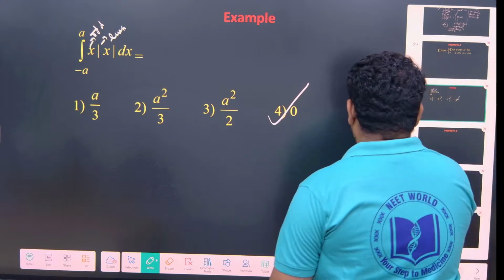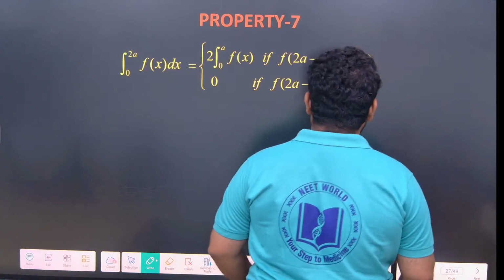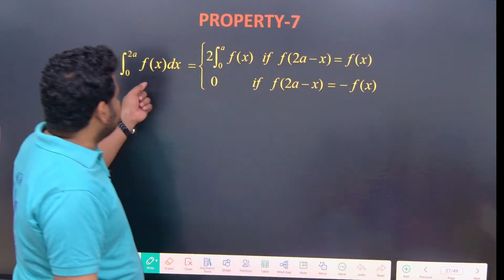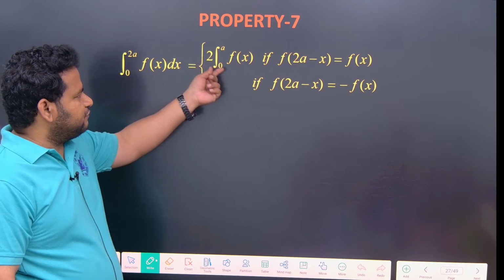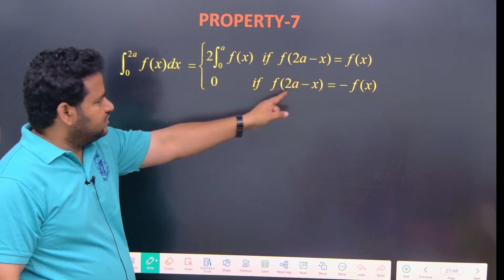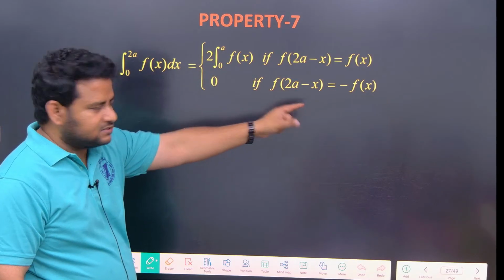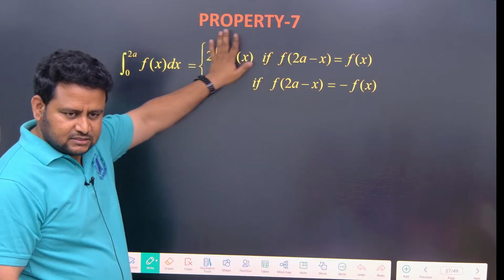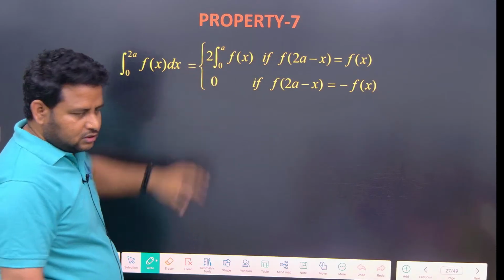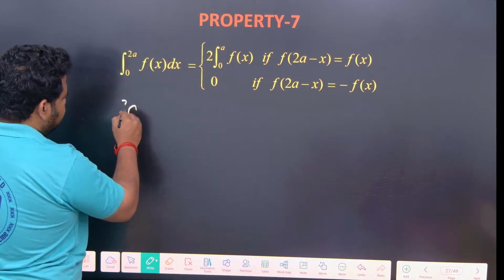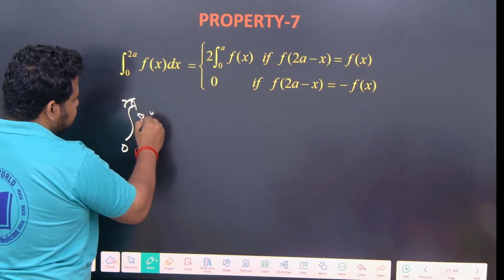Now one more thing. Suppose I am given, look at this property, integral 0 to 2a f of x dx is equal to 2 times integral 0 to a f of x dx if f of 2a minus x is f of x; if f of 2a minus x is minus f of x, it is 0. Suppose I am given integral 0 to 2 pi sin power 4x dx.